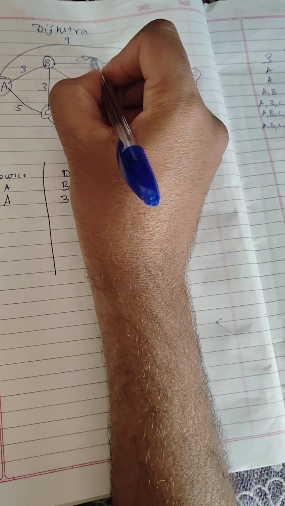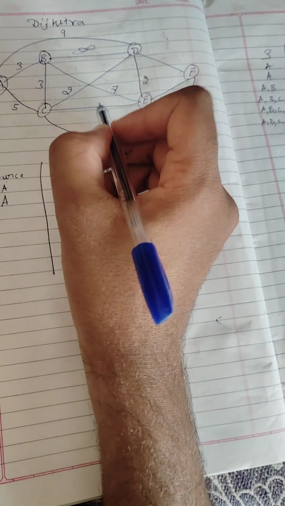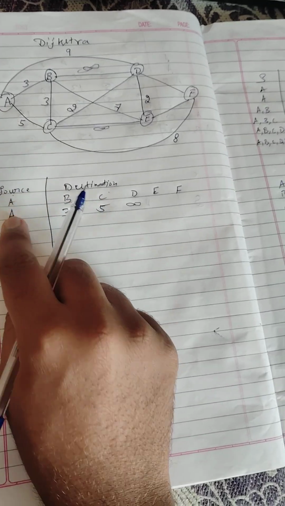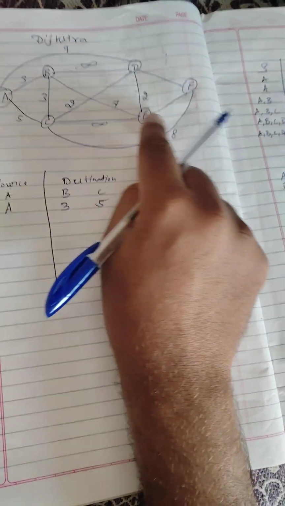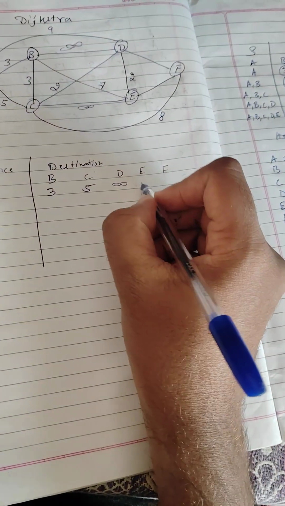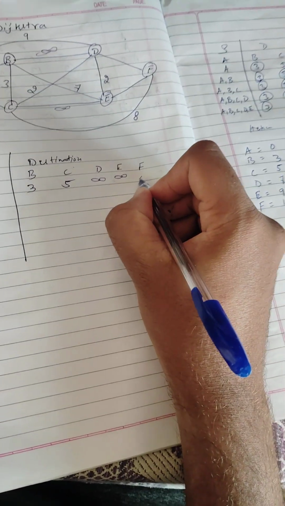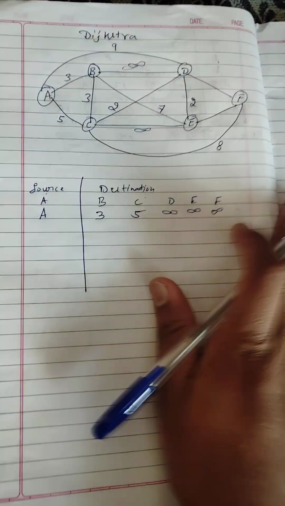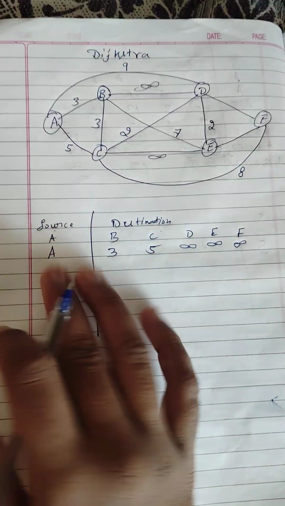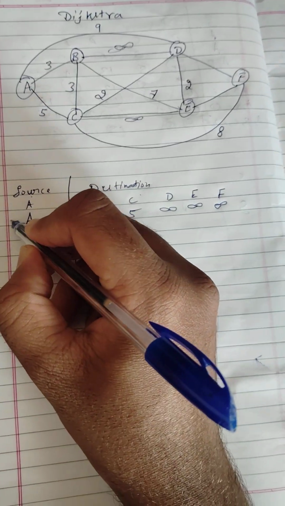I will write infinite because it does not have a value. A to E has no direct node, so infinite. For F as well, infinite. So now we have completed this first row with A.